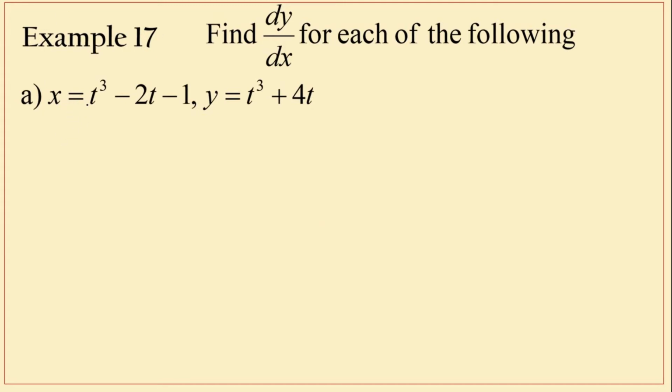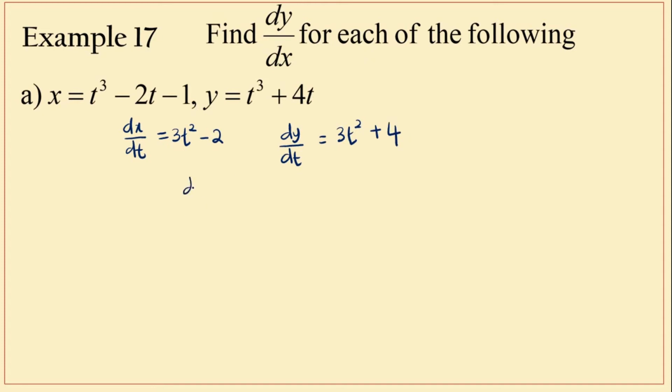First, we differentiate x in terms of t. We will have dx over dt equal to 3t squared minus 2. For y in terms of t, if we differentiate this, we get dy over dt equal to 3t squared plus 4.